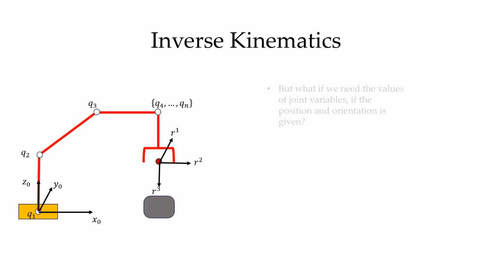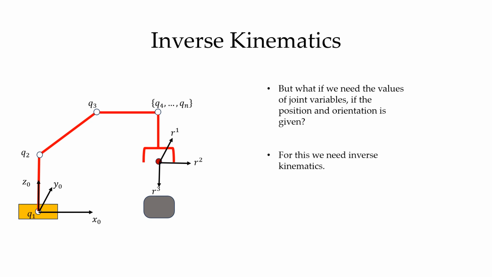But what if we need the values of the joint variables when the position and orientation are already given? For this, we need inverse kinematics, or this problem exactly is called inverse kinematics.